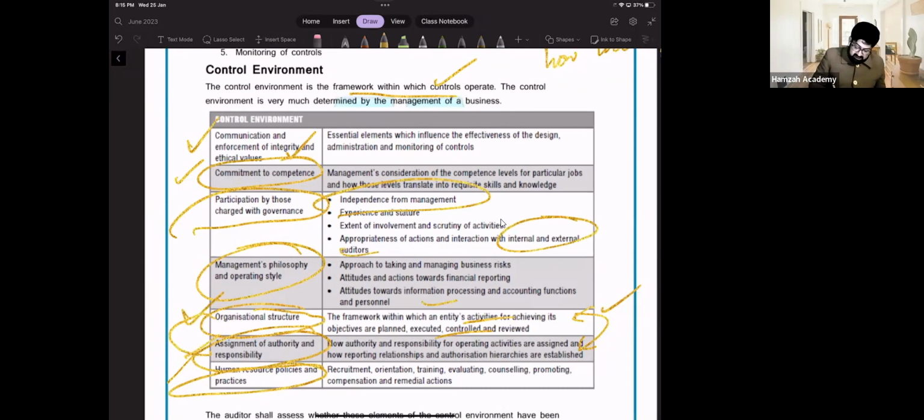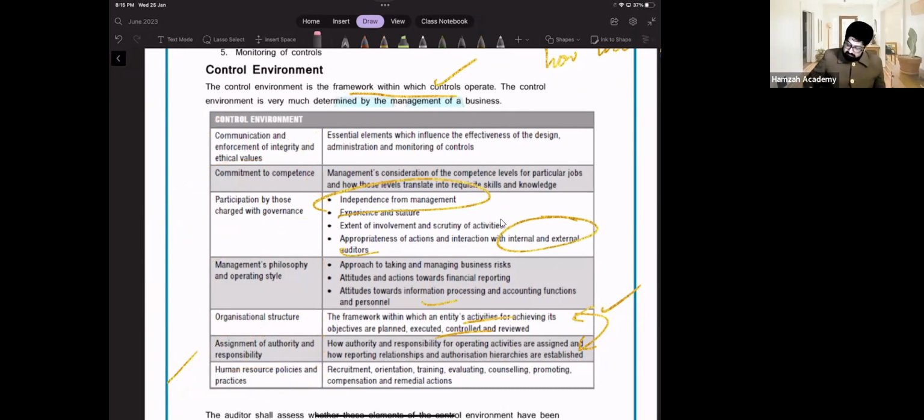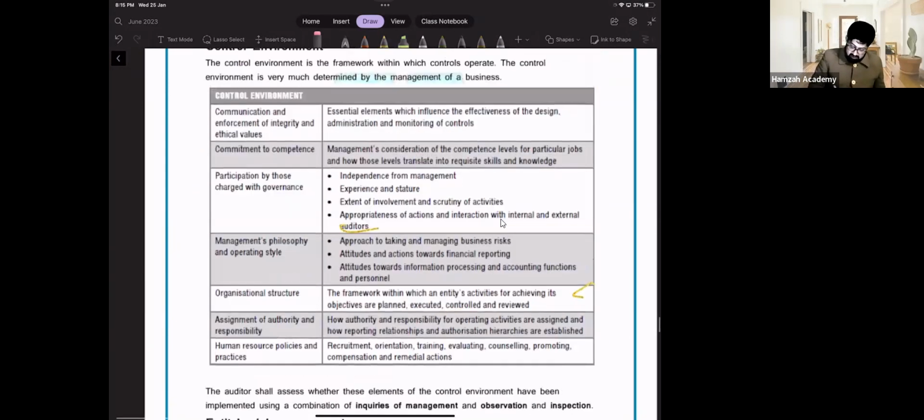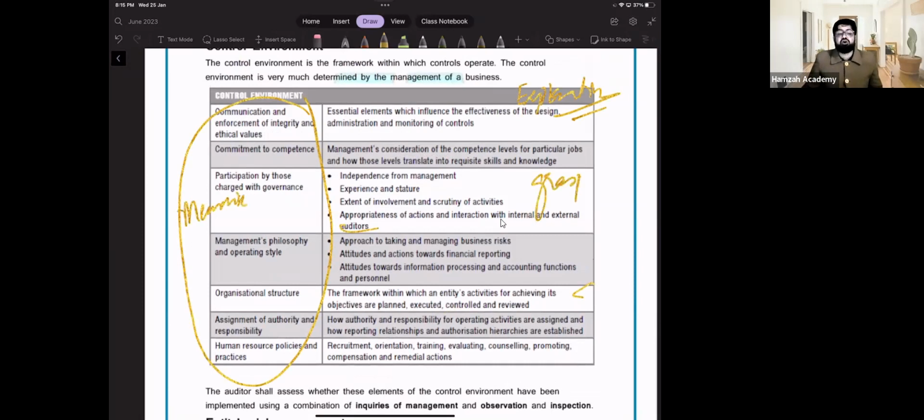Students, this is the control environment. These are elements of the control environment, and these are the explanations. You do not need to memorize these, but you have to grasp them.